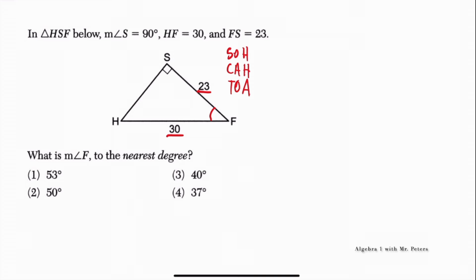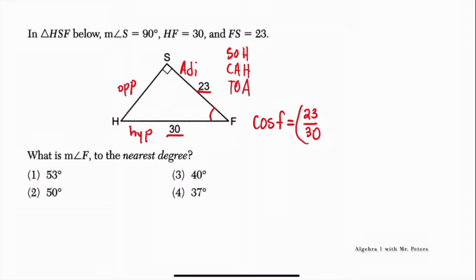So relative to F, right? Here goes the hypotenuse, opposite side, and this is the adjacent side. So right now we have adjacent and hypotenuse. So we should know that this is going to be a cosine function. So we're going to have cos of F is equal to 23 over 30.